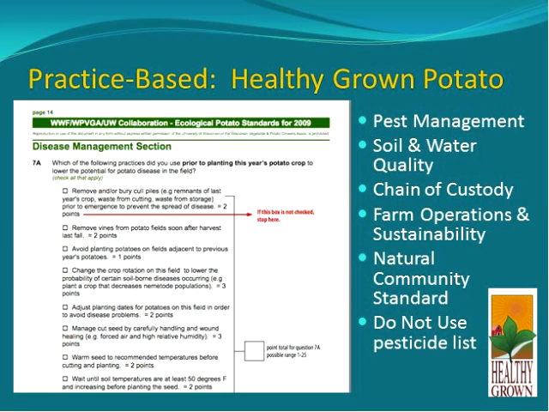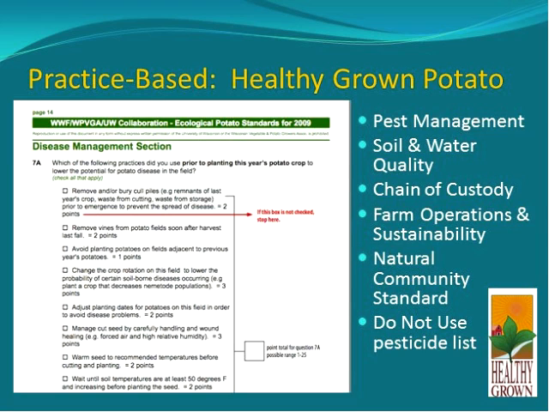So you can see on the side here, they looked at things like pest management, soil and water quality. They have a natural community standard where they focus on ecosystem restoration for a particular farming operation. And a key component of the Healthy Grown Potato Standard is also that they have a do-not-use pesticide list, and that relates to their goal to reduce pesticide toxicity.